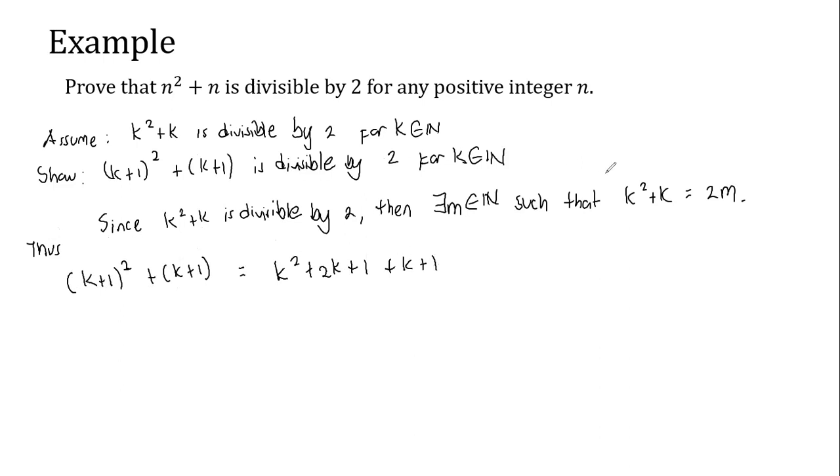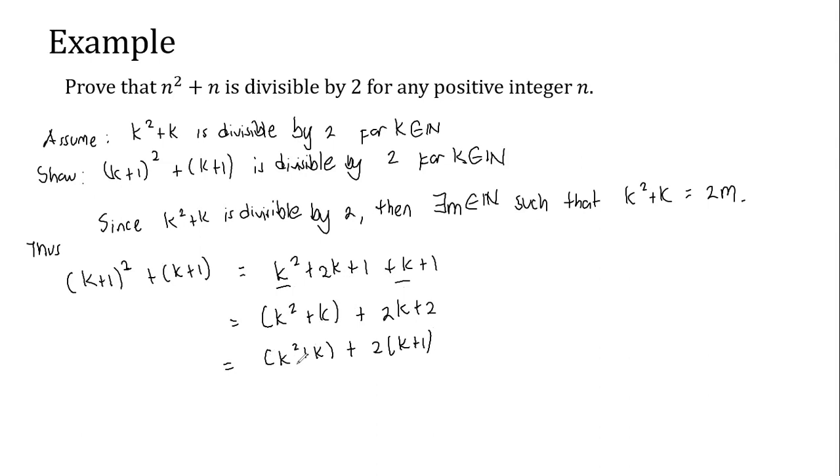Ngayon, ipalabas natin tong k squared plus k. Pagsamahin natin, itong k squared plus k. So, k squared plus k plus ano yung natira? 2k plus 2, no? Ilabas natin tong 2. So, we have k squared plus k plus 2 times k plus 1.